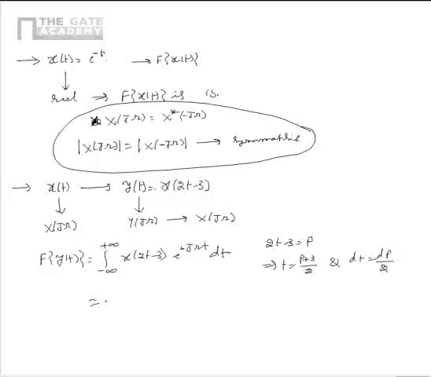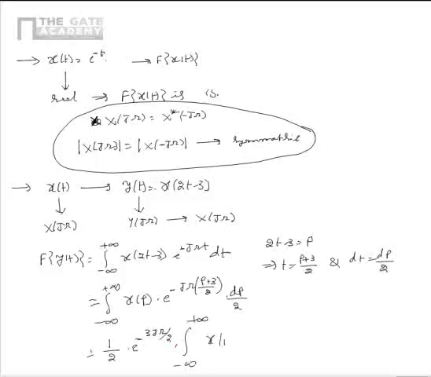Upon substitution, we can simplify the given relation as the integral from minus infinity to plus infinity of x(p) multiplied by e^{-jω(p+3)/2} dp/2. So this can be further simplified as 1/2 multiplied by e^{-3jω/2} times the integral from minus infinity to plus infinity of x(p) multiplied by e^{-j(ω/2)p} dp.